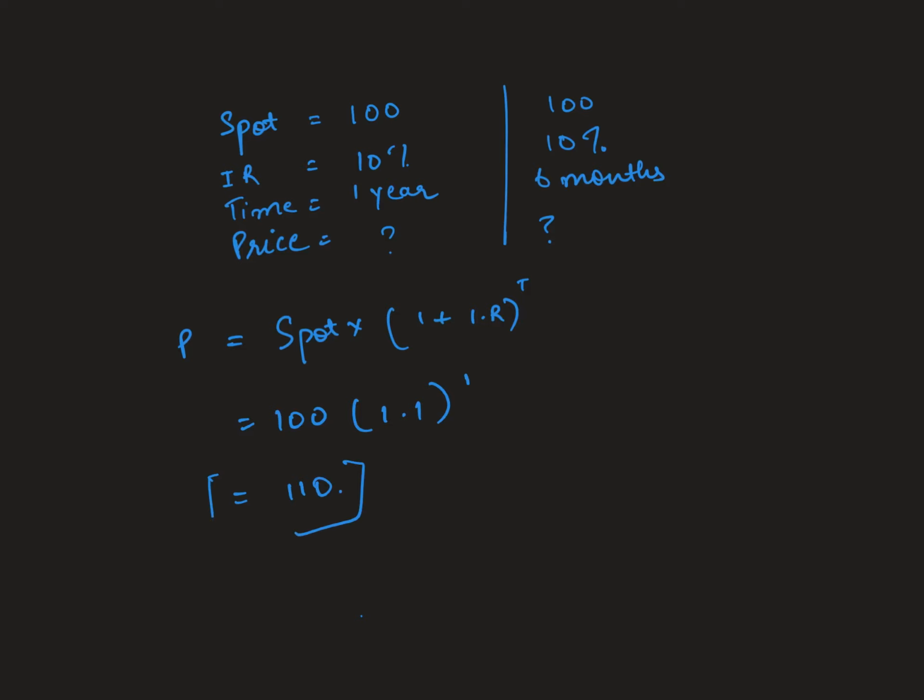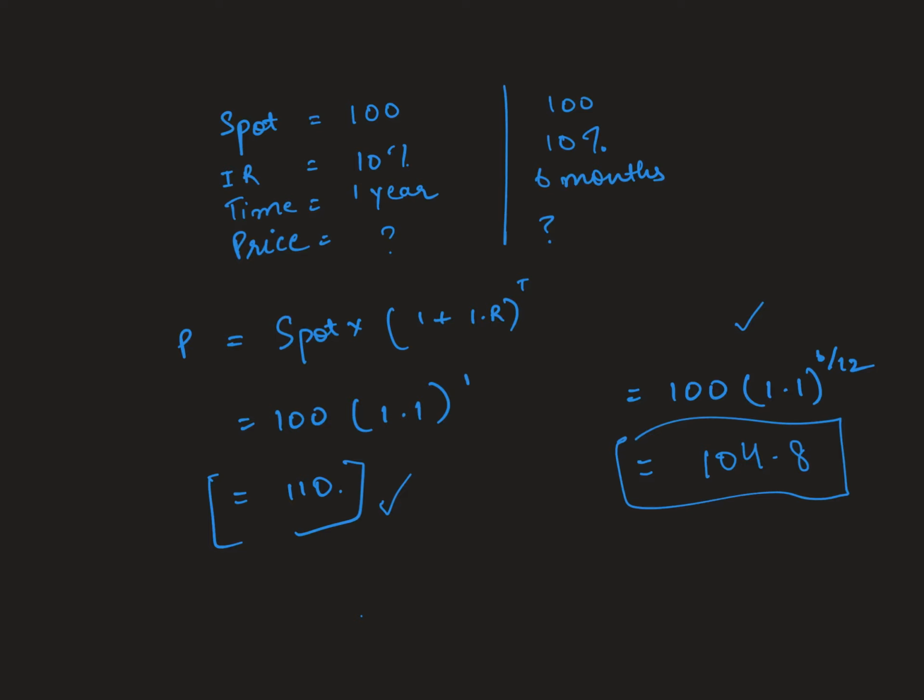That would be my no arbitrage price. On the other hand, this one is going to be 1.1, and then just going to be half, I mean 6 by 12. So this should be my no arbitrage price for 6 months. This should be my no arbitrage price for 1 year.